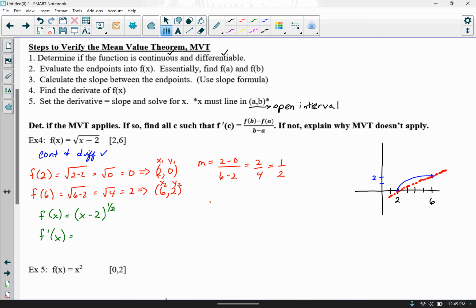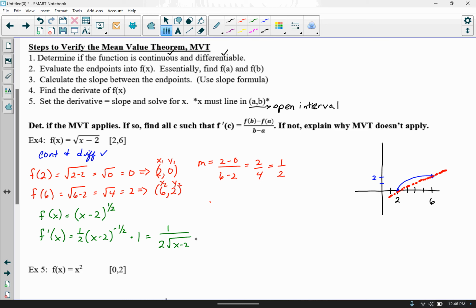You can use power rule here. 1/2 times this entity, x minus 2 to 1 power less, so I'm subtracting 1, so that would give me a negative 1/2, times the derivative of what's inside, which is just 1. All right, so then I'm just going to clean this up. I'm going to kick that x minus 2 to the negative 1/2 to the denominator. So I have 1 over 2, and I'm going to go ahead and write it as the square root, x minus 2.